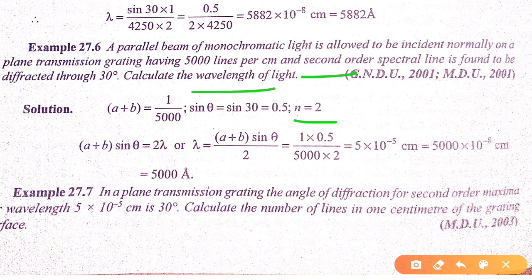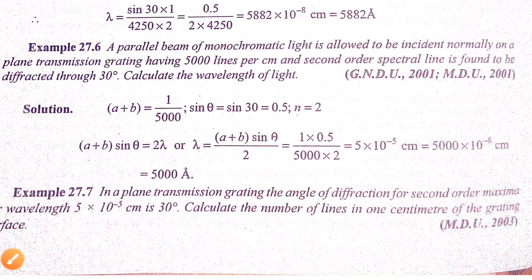This is the formula: a plus b sin theta is equal to 2 lambda, or lambda is equal to a plus b sin theta by 2. Put this value, a plus b is 1 by 500, sin theta is 0.5, divided by 2, that is 5000 into 10 to the power of minus 8 centimeter, that is 5000 angstrom.